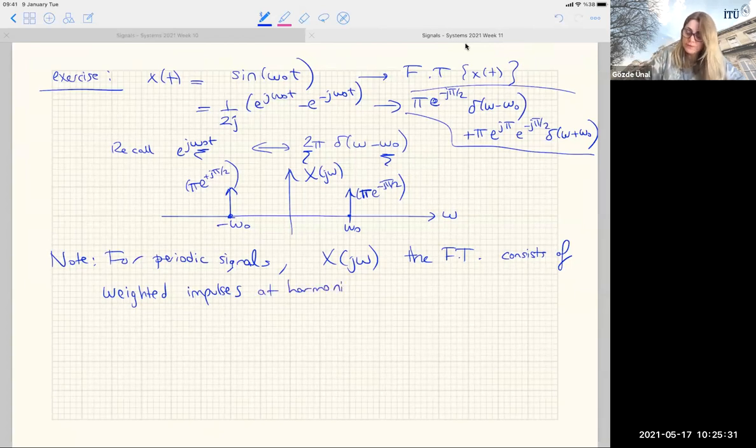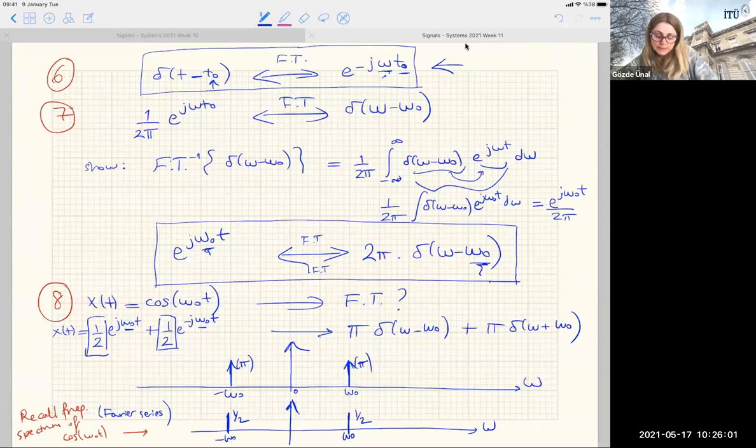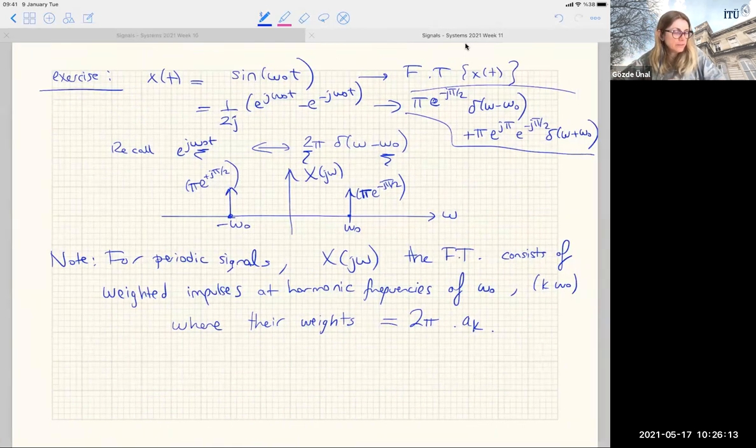Here it was just one harmonic frequency, but harmonic frequencies are multiples of omega 0, that is k omega 0, of course, however many k, where the weights will be 2 pi a_k. You see, the relation is the Fourier series. Remember, for the cosine, the Fourier series coefficients were 1 over 2, 1 over 2. Now multiply by 2 pi, and we have the Fourier transform. For periodic signals, we have this simple relation between the two.